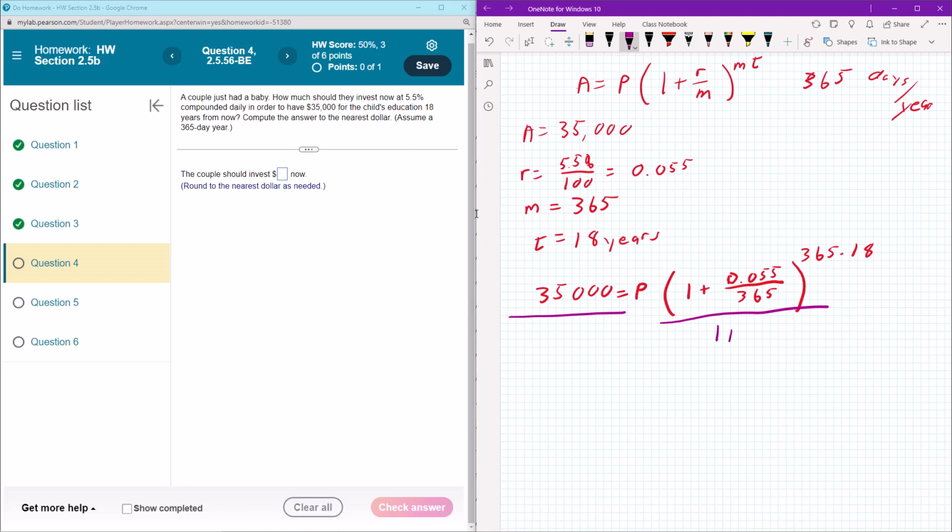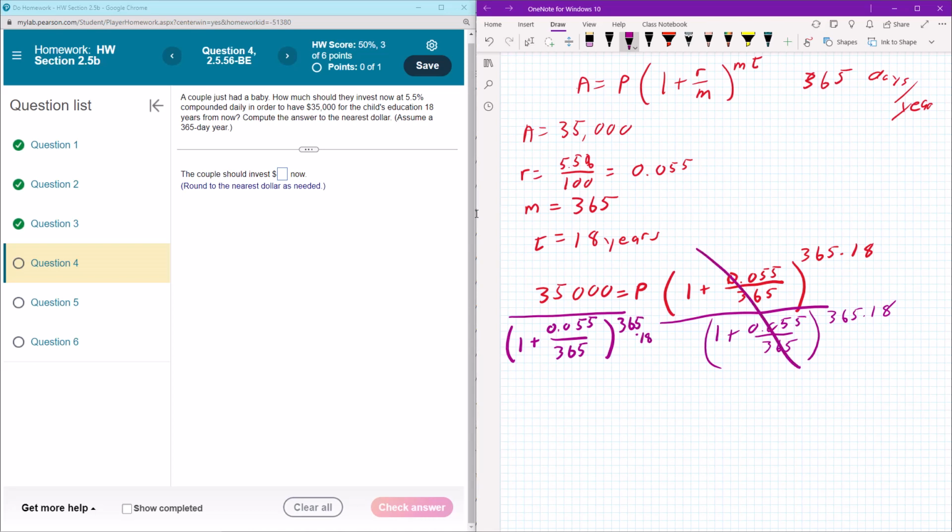So 1 plus 0.055 divided by 365 all over this monstrous 365 times 18. And we're going to do the exact same thing on the other side. 1 plus 0.055 divided by 365 raised to the 365 times 18. Yeah, I'm running out of space.